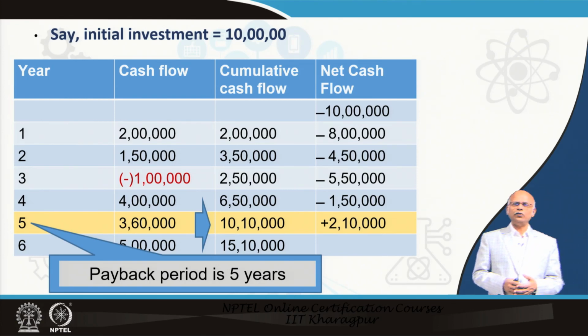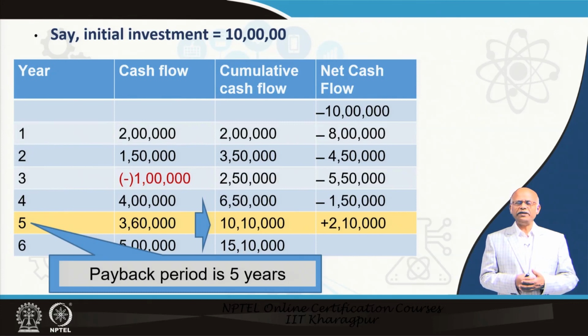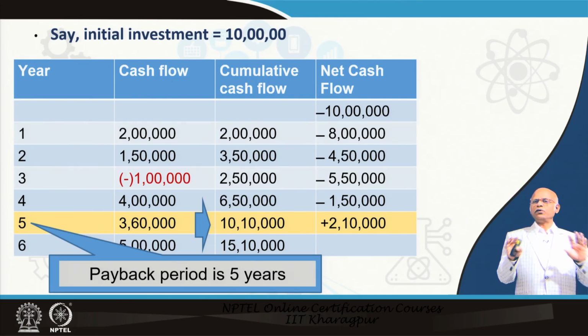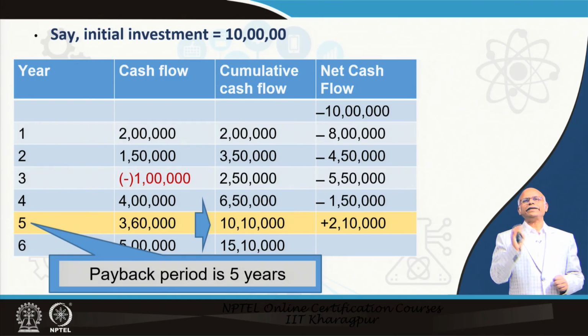So, we want to know when we are recovering the entire 10 lakh rupees from the business without considering the time value of money. So, we are not going to discount anything, we are going to take the absolute value.